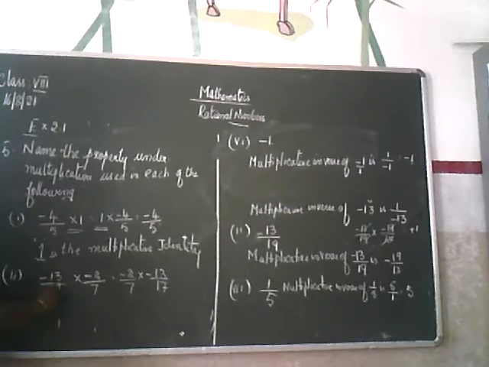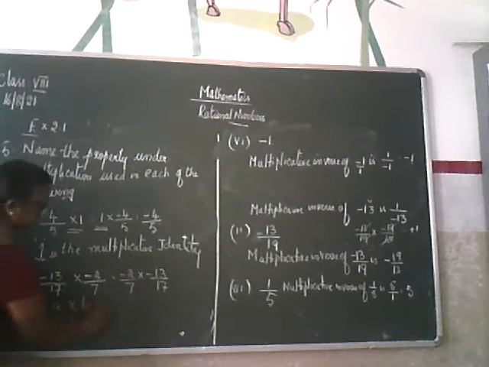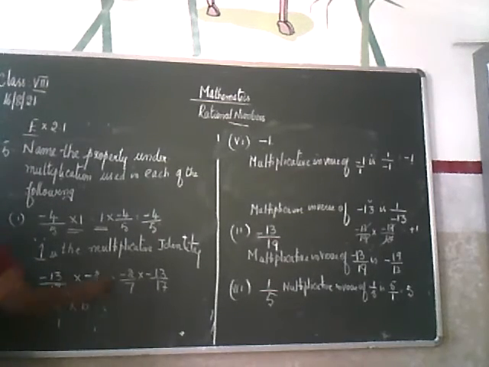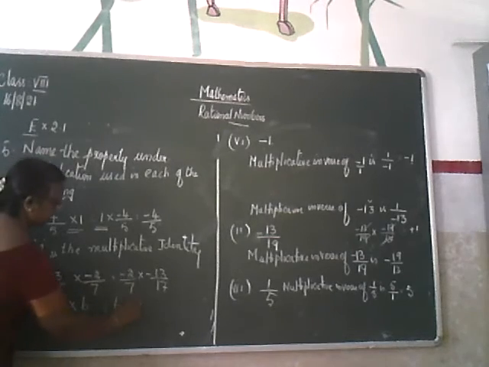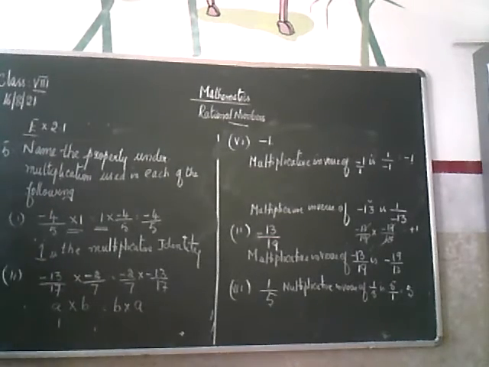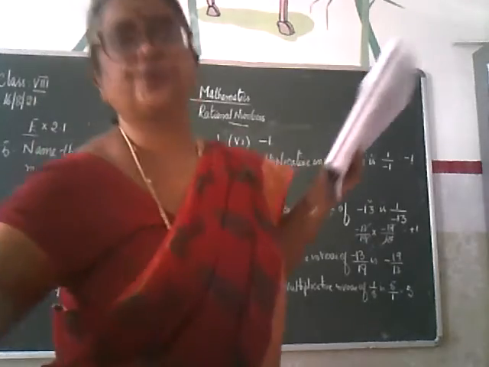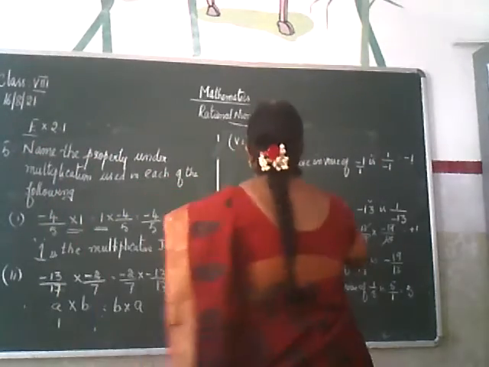So here minus 13 by 17 into minus 2 by 7, that is A into B, is equal to, yes, B into A, isn't it? So which property of multiplication? A into B is equal to B into A. Very good.